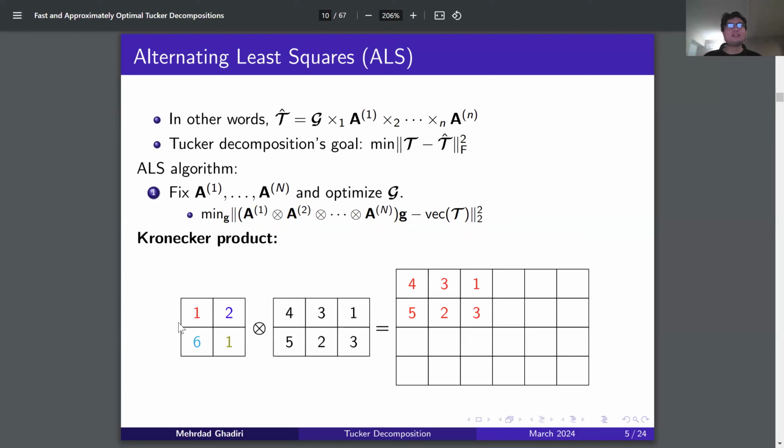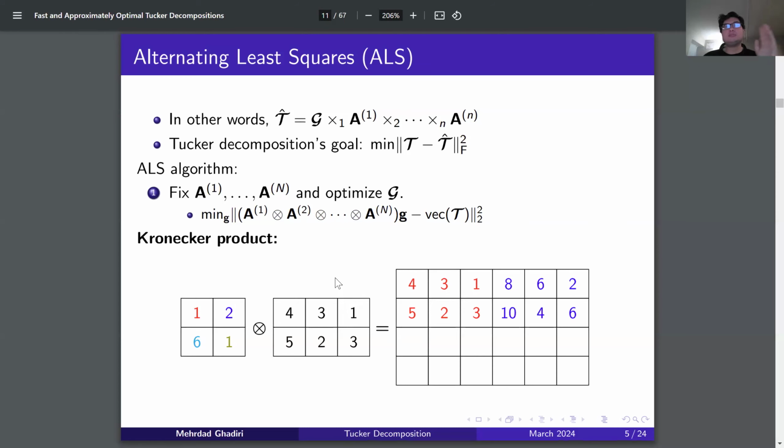The Kronecker product is essentially, if I have a 2 by 2 matrix and a 2 by 3 matrix, this gives me a 4 by 6 matrix. Each block of this matrix corresponds to one entry in the first matrix. So this red block corresponds to this entry denoted by red, and that's 1 times the whole second matrix.